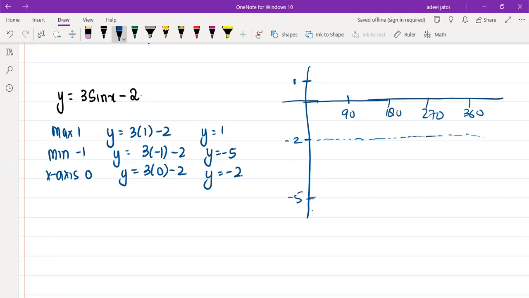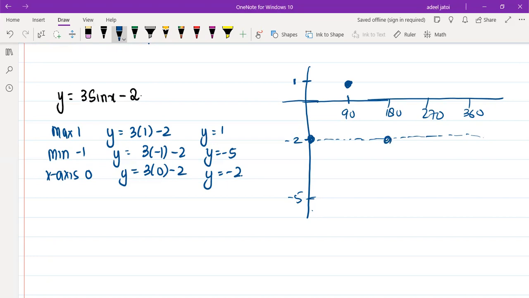You need to understand that on sine 0, we used to have 0, but now 0 has been shifted to what? Minus 2. On 90, we used to have 1. So this will still remain 1 because the maximum value has now been changed. On 180, we used to have 0.